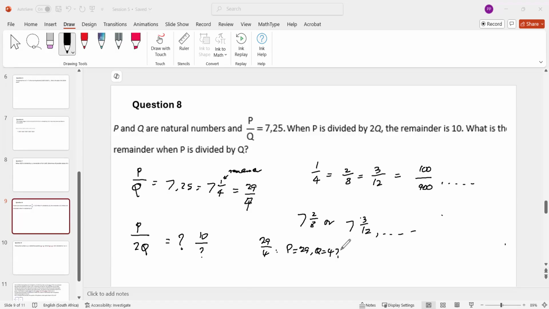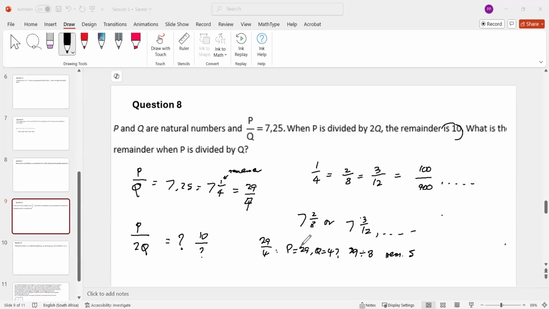Now, when you divide P by 2Q, you get 29 divided by 8, and the remainder is 5. 8 goes into 29 3 times, the remainder is 5, not 10. So P and Q are not equal to 29 and 4. Let's try the next one.